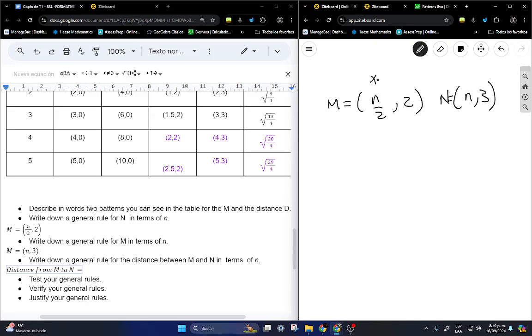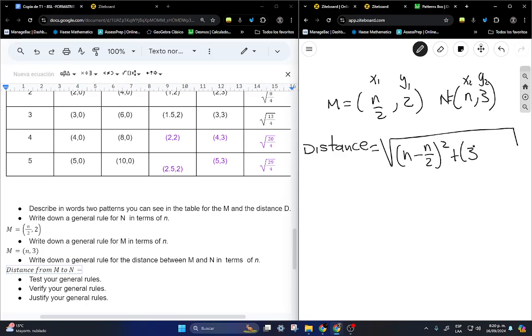So if this is our x1, y1, x2, y2, the distance between them is just replacing this information as a general rule in the formula. So x2 n minus x1 n halves squared plus y2 3 minus 2 squared.